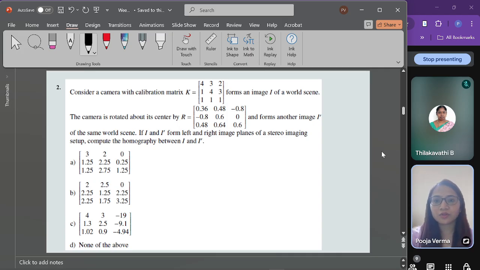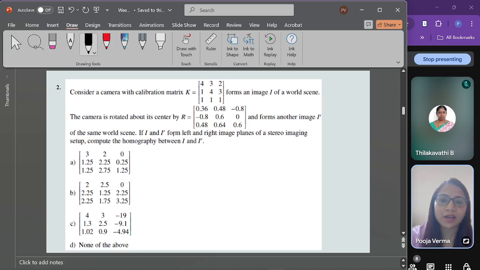Okay, so now the next question is: consider a camera with the calibration matrix K, that is given, forms an image I of the world scene. The camera is rotated about its center by a rotation matrix, this one, and forms another image I dash of the same world scene.